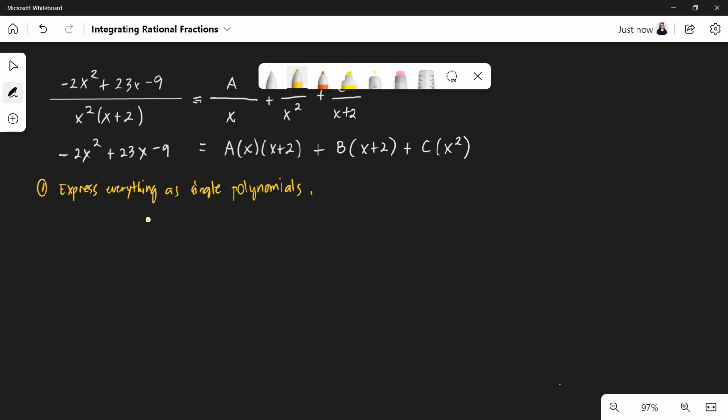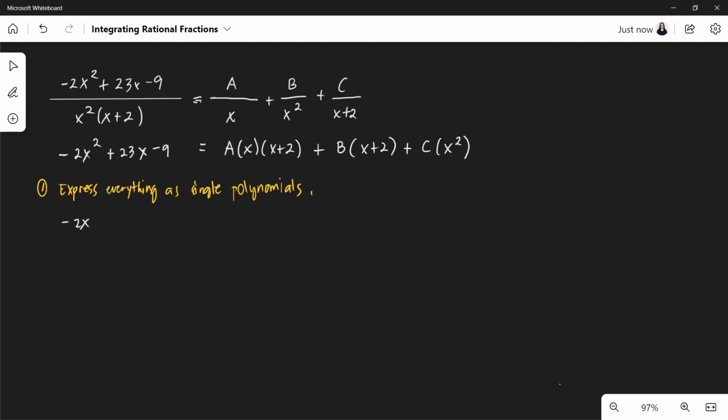If there are similar terms, we need to combine them. So I'm going to say everything on the left side and everything on the right side, by the way. So the right side, if we multiply x and x plus 2, it becomes x squared plus 2x.